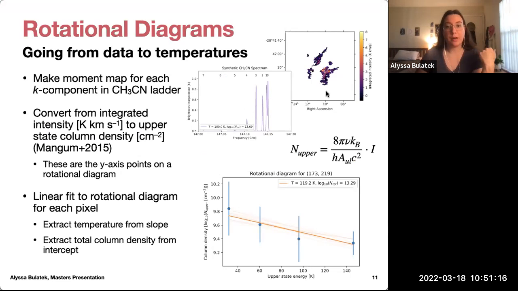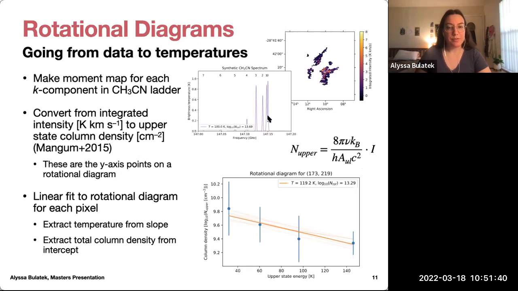So what we can do is take our moment maps, if we make a moment map for each component, and convert from integrated intensity to column density, just by this equation from Mangum and Shirley 2015. That's just a simple equation that gets us from one quantity to the other. And then we have the y-axis of our rotational diagram.